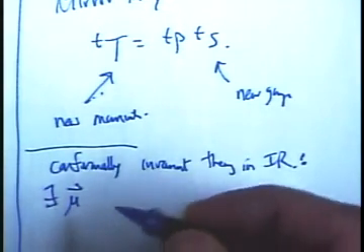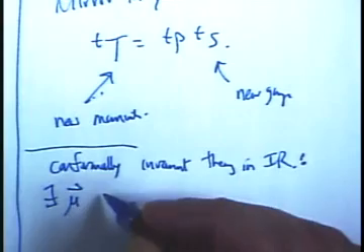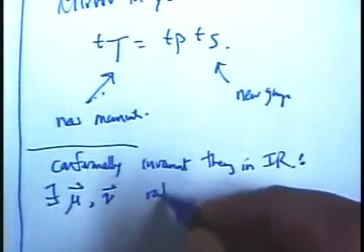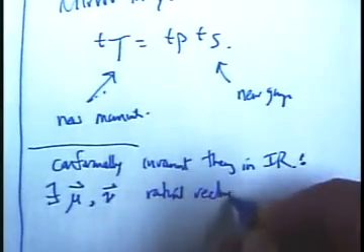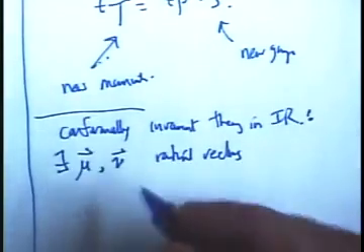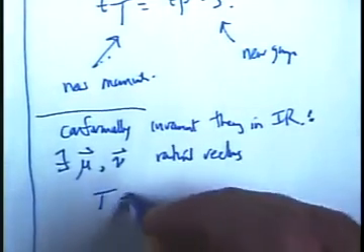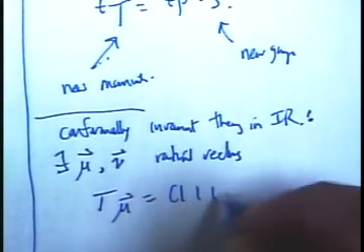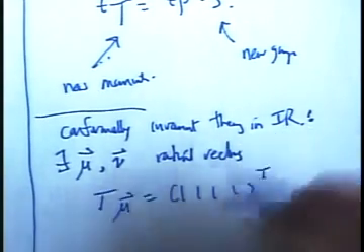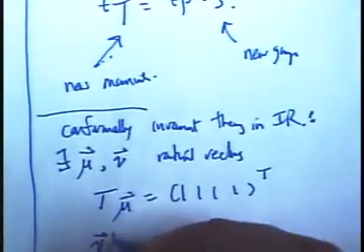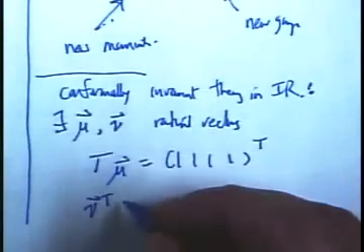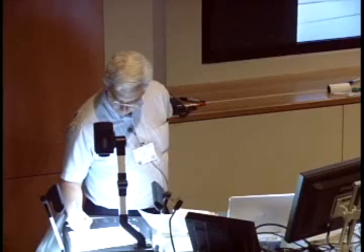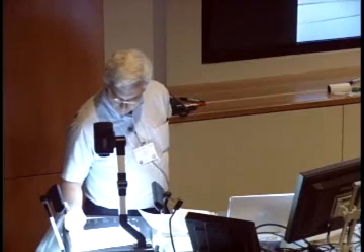So there's supposed to exist rational vectors, mu and nu, such that T times mu is (1,1,1) transpose, and nu transpose times T is equal to (1,1,1). Whatever the sizes of these matrices are.